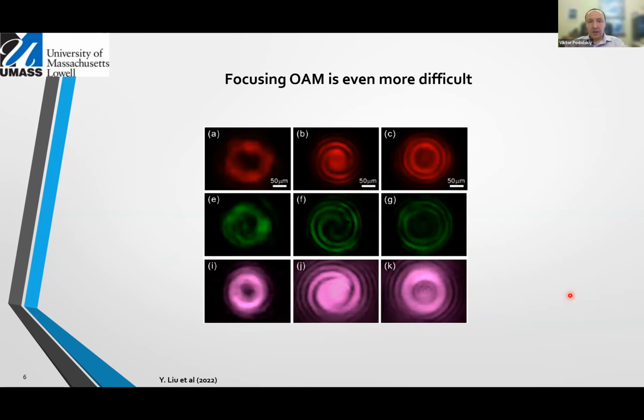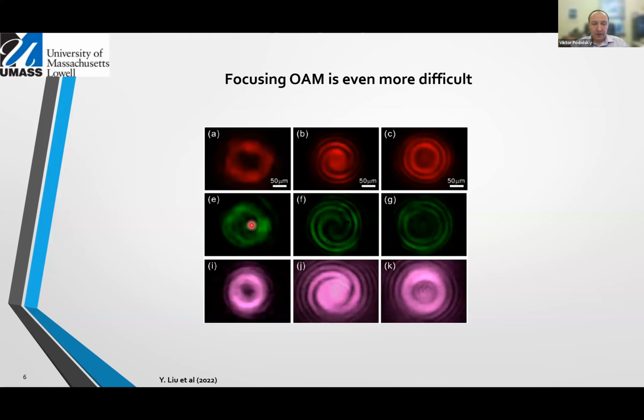In the case of beams that carry non-zero optical angular momentum, the situation is more dramatic and even much worse, because these beams are much wider in the spatial domain, and on top of that they have this hole in the middle. So even if you try focusing them, you basically focus in the empty space, and aligning and focusing at the same time becomes extremely challenging.